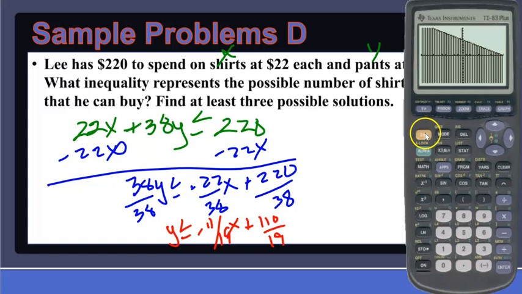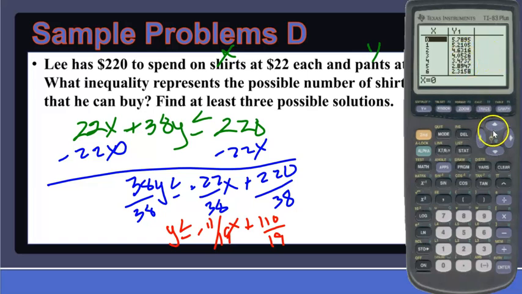So now let's go to the table. We need to choose a couple points. We can't have negatives, so we're not going to have a negative in there. So let's just choose 3 possible solutions.